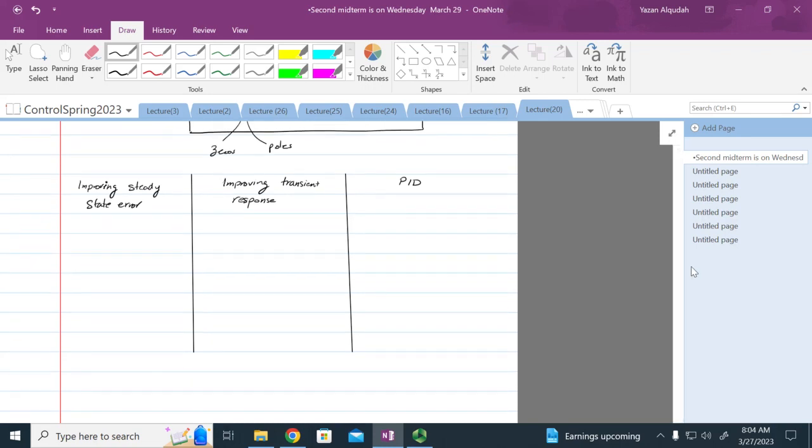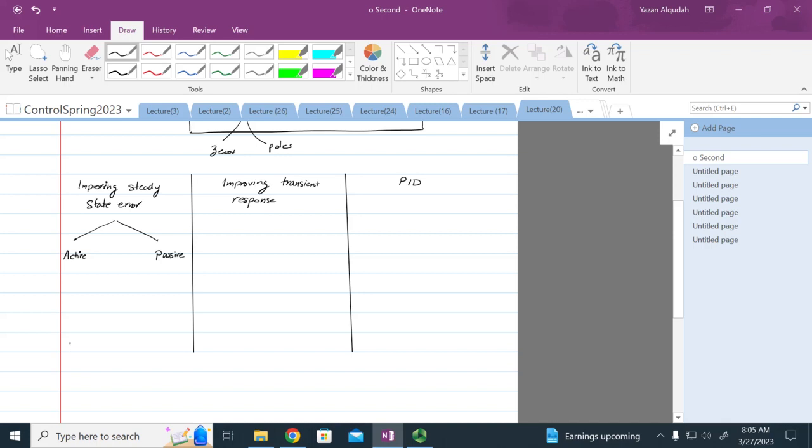So then we said if we want to design a controller that will improve the steady state error, we have two choices. We can have an active device, which we said is a device that requires a power supply, like an op-amp, or we can have a passive circuit, a circuit that does not require a supply to operate.